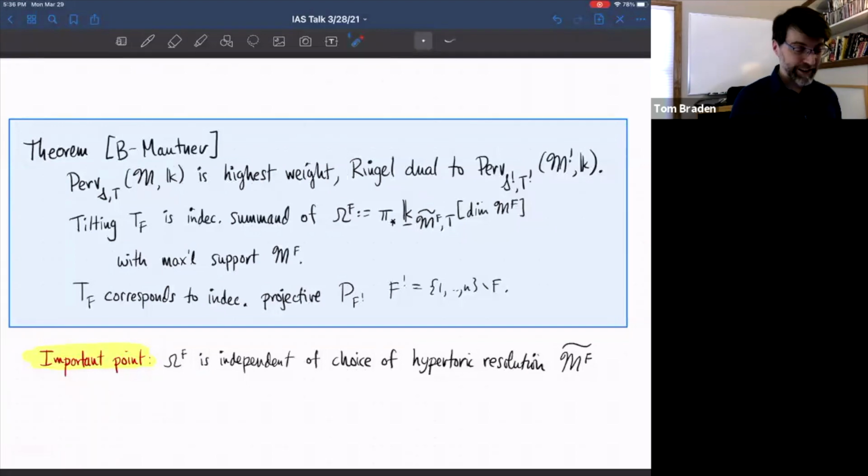I have the stratification and I have these varieties, and I can tell you what the theorem is. So the theorem is that the category of perverse sheaves with field coefficients, positive characteristic possibly, is a highest weight category, and it's Ringel dual to the category of perverse sheaves on the dual hypertoric variety. And I should say the technical conditions here.